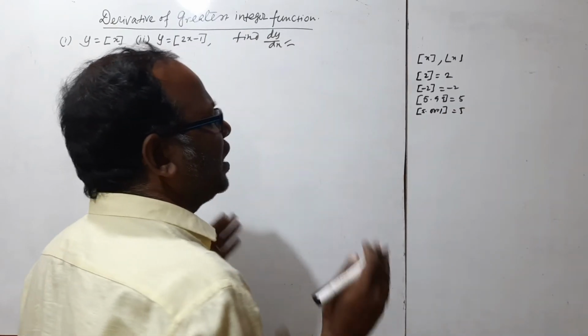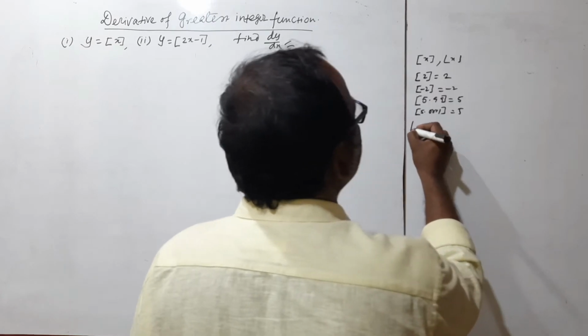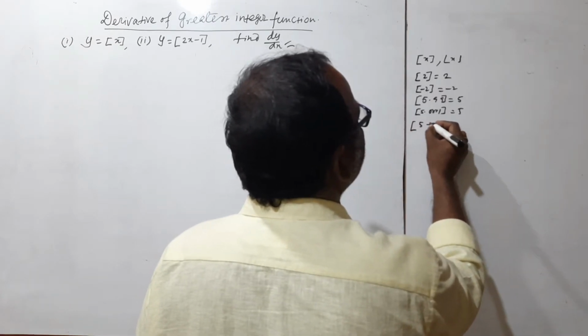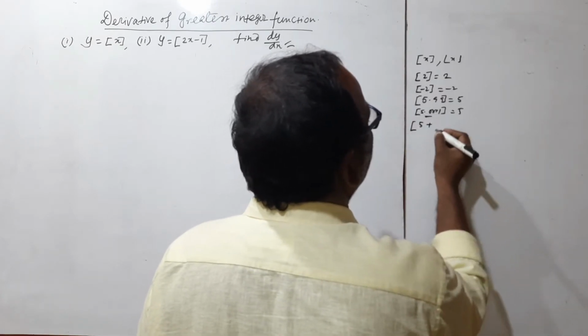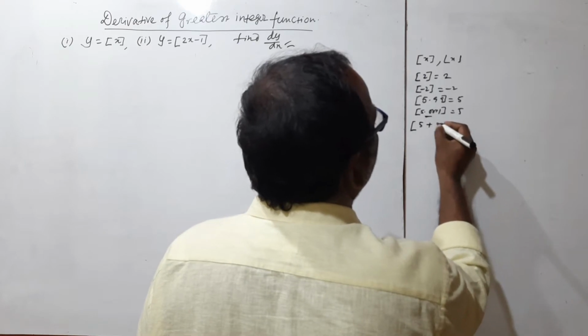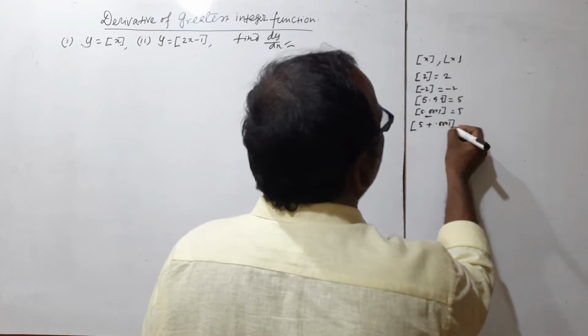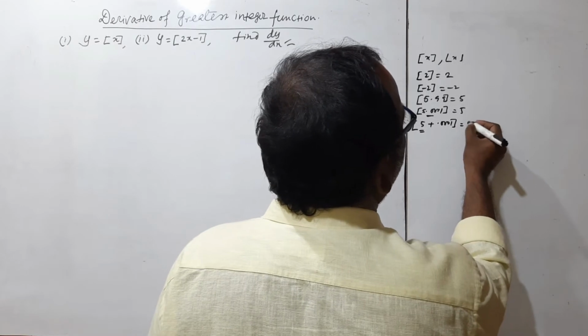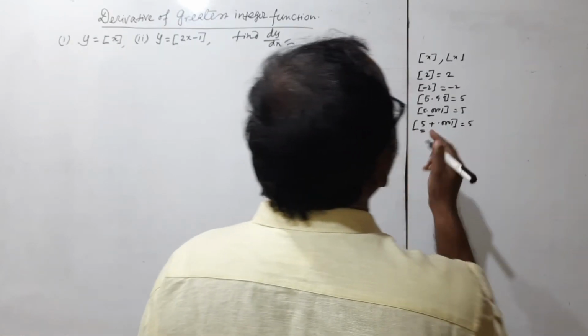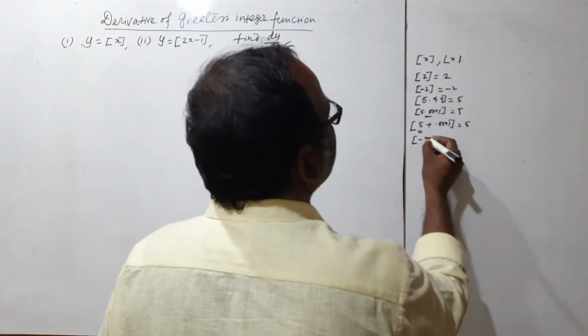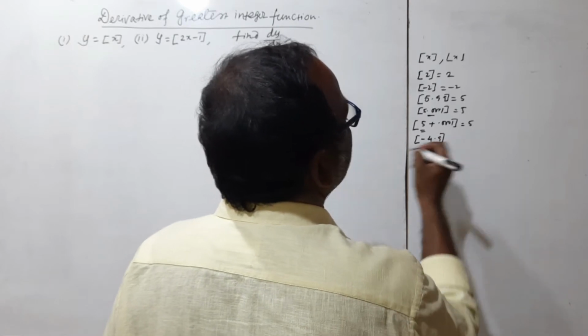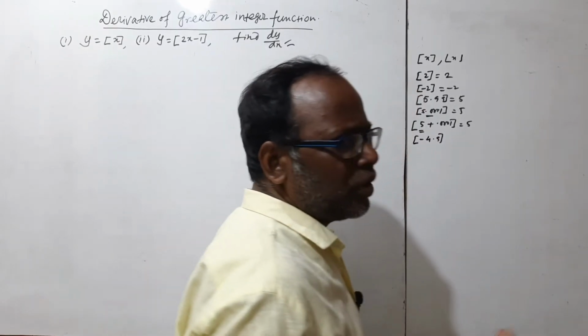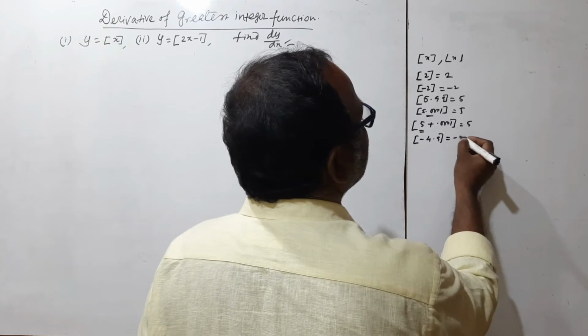So it means in the case of the greatest integer function, the fraction part would be neglected. In the case of minus 4.9, it would be minus 5, not an approximate value, it would be minus 5.